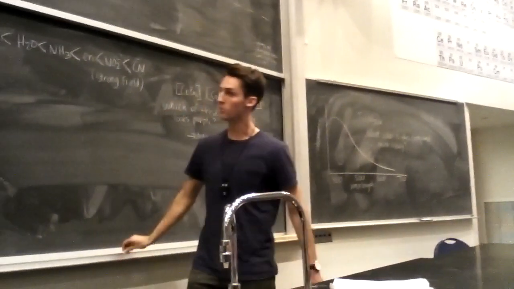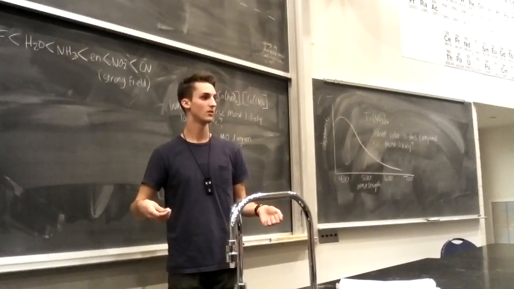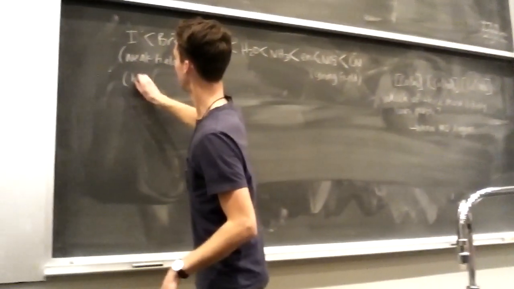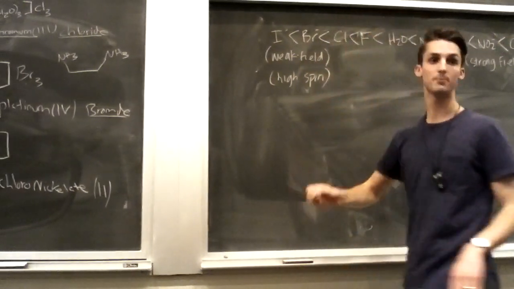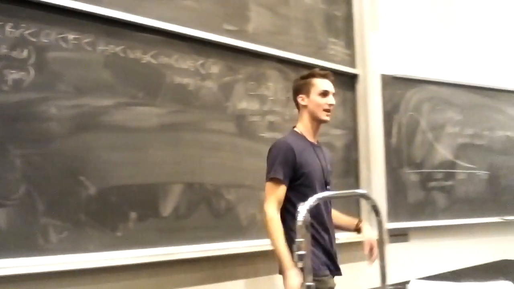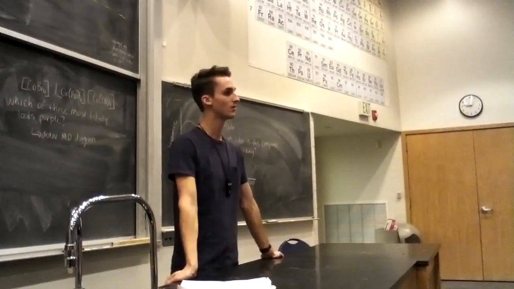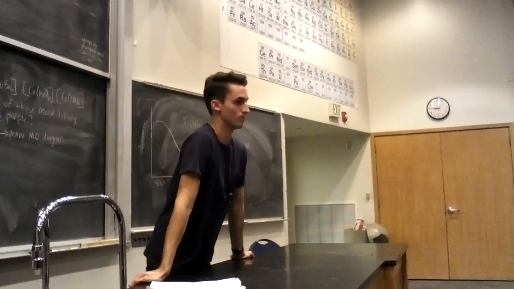So if I have a weak field ligand, is that going to be high spin or low spin? High spin. Who can explain to me what high spin means? What is a high spin pairing energy? Reese? It means it's going to go up rather than stay on the bottom level.